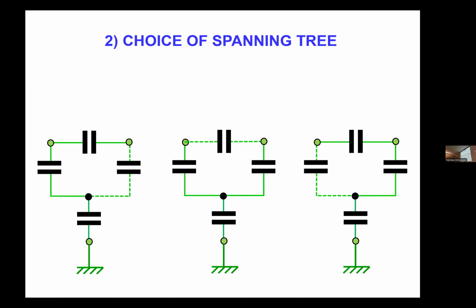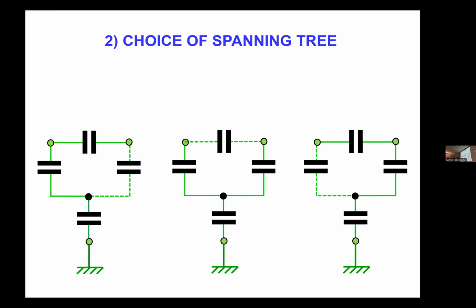So in addition to the ground node, we have to choose what is called the spanning tree. To simplify here, I have chosen a spanning tree that goes through the capacitive network. I could have chosen a more complicated spanning tree that would go through both the capacitances and the inductances, but it's good practice, and usually simpler, to just use the capacitive network. So I'm going to go from the ground here to all the active nodes only once.